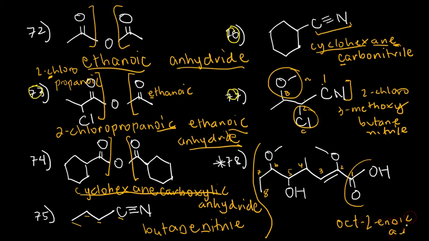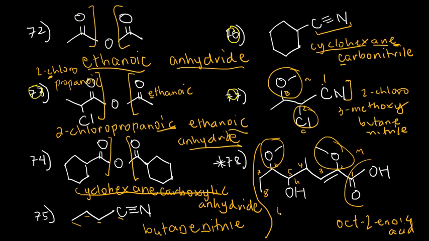oct-2-enoic acid. Okay, so the things that we haven't written so far are these 2 methoxy groups at 2 and 6. So that's 2,6-dimethoxy. And then remember we have OH at 5. So we write the prefix of OH, which is hydroxy. So alphabetization in consideration, hydroxy is H, methoxy is M, so I write this first.